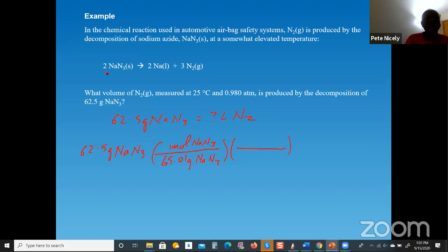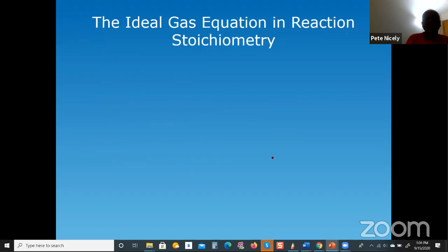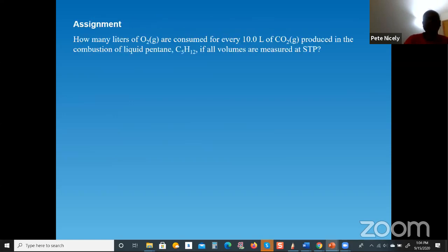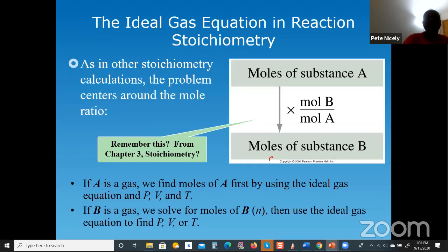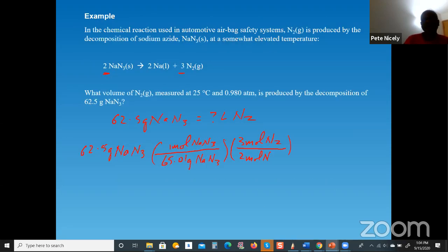You see here there's a 2 here and a 3 here, so I'm going to put 3 moles of nitrogen above 2 moles of sodium azide, NaN3. Okay, so we need to work that out.